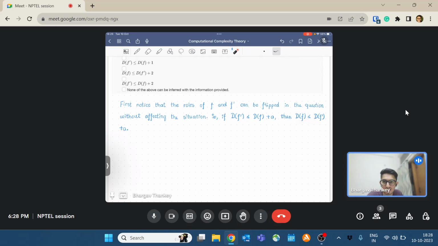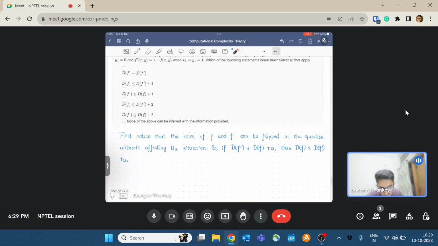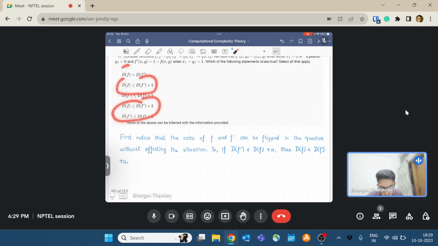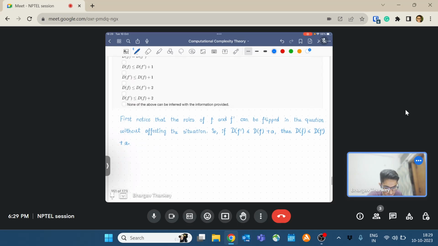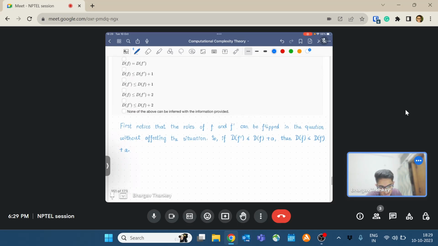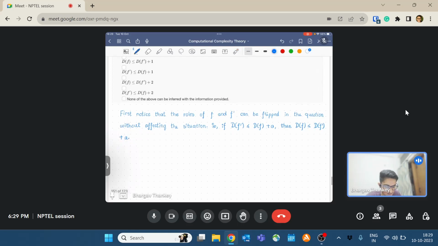Is this clear? Because then we only need to prove that one of these is true. So now basically either this is true, or both of these are true. I'll say that this one is not true right from the very beginning. Okay, so now let's see what is true.